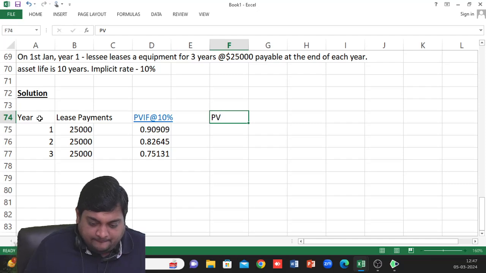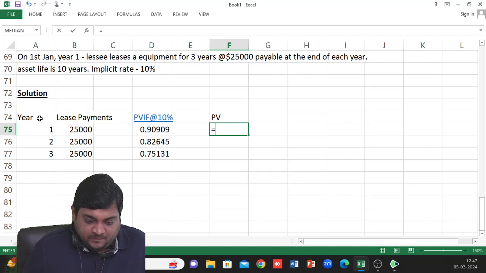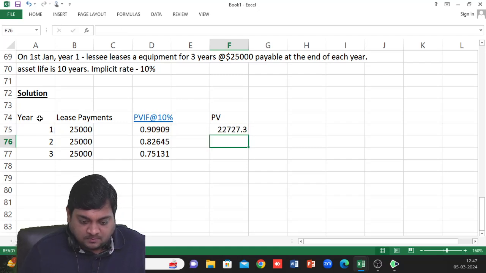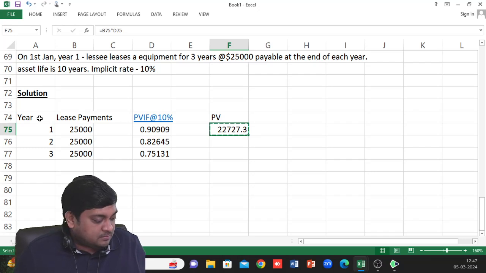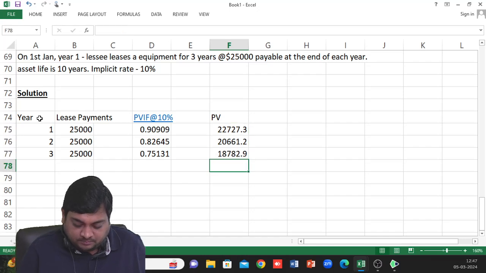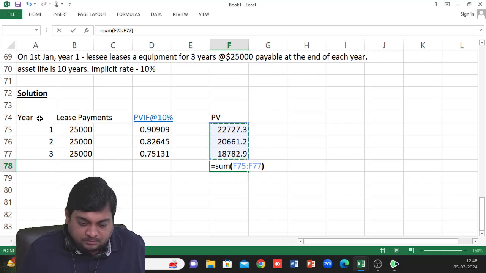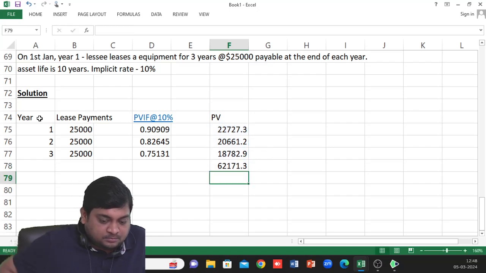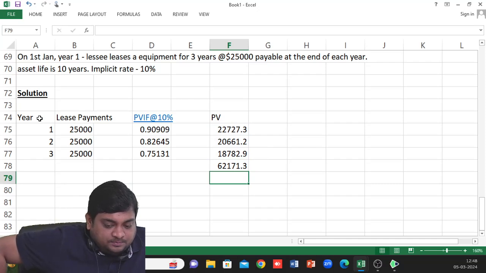Then PV. So simply multiply this into this. Copy. Right? Equal to the sum. So this is the present value.